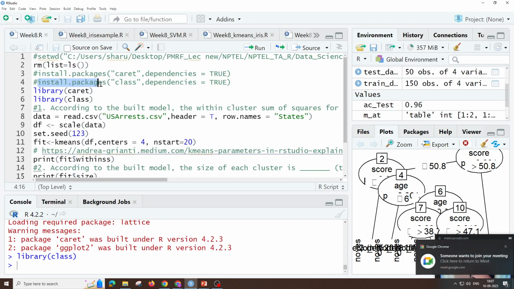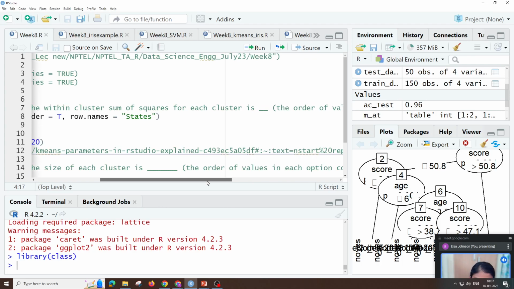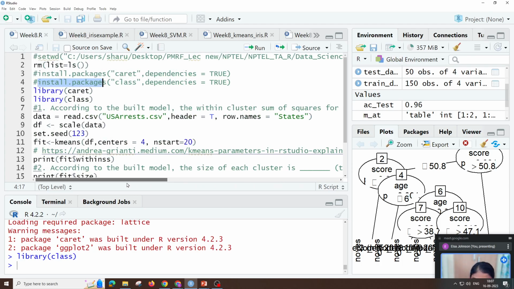Also if class is not installed, you have to install it using install.packages class, dependencies equal to true. Then, according to the built model, the first question asks for the within cluster sum of squares for each cluster.